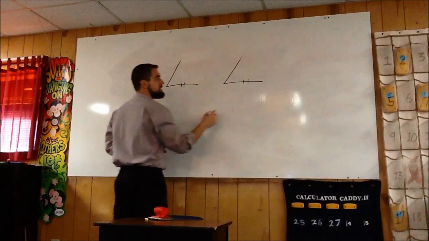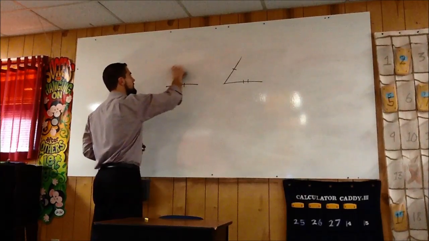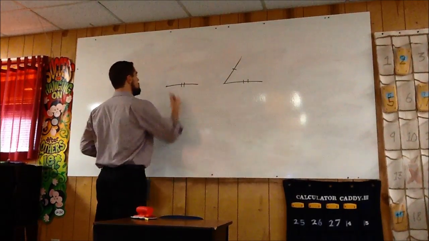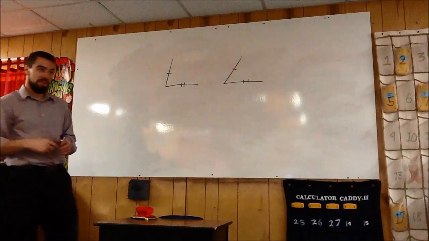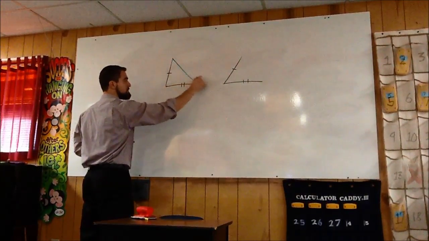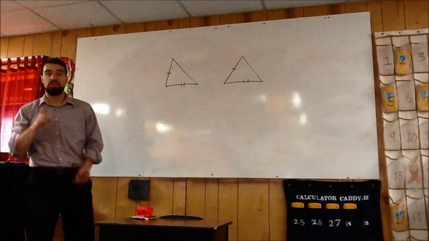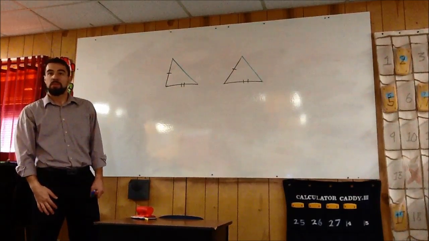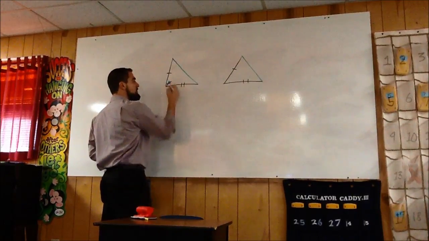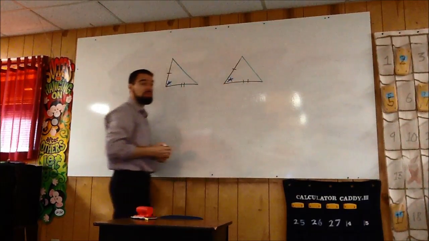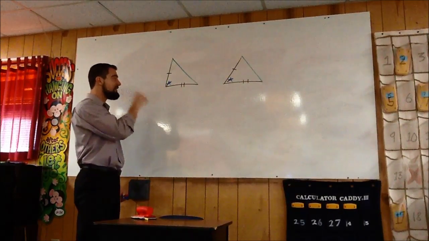Let's say that segment's congruent to that segment, and that segment's congruent to that segment. Well, if I added one more segment here, and here, I would have two triangles. So I've got two triangles with two congruent sides. What we're going to be investigating is the angle that's created by the two sides that are congruent in the two triangles.